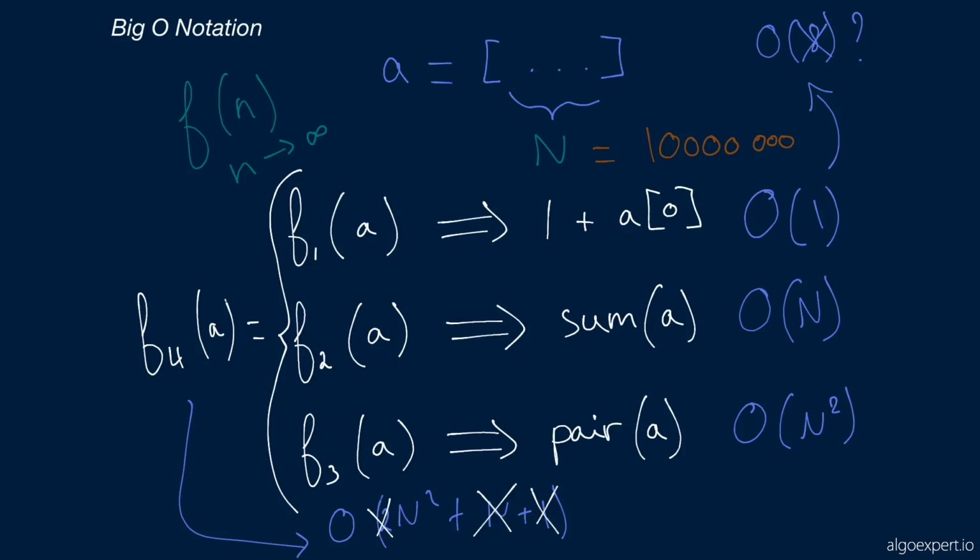Dealing with a single integer still remains an O of 1 operation, or a single integer still takes up only O of 1 space. And we said that when we have more complex big O expressions, like O of n squared plus n, we always drop the smaller terms because these smaller terms become insignificant as n tends toward infinity.